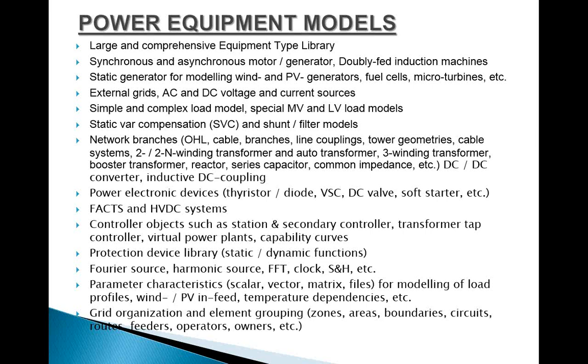So we can use them in our network for designing and having better results. The software is basically a very versatile one with all the equipment available in the library, and you can also design your user specified load models and also import from different sources into this software. So these are some power equipment models, capabilities and features which we have in this software.